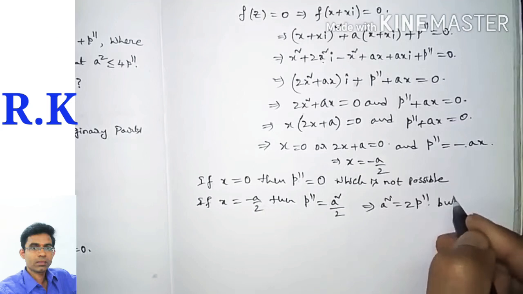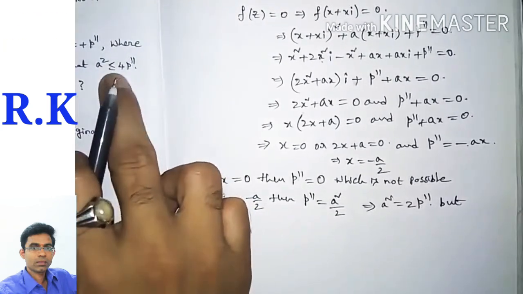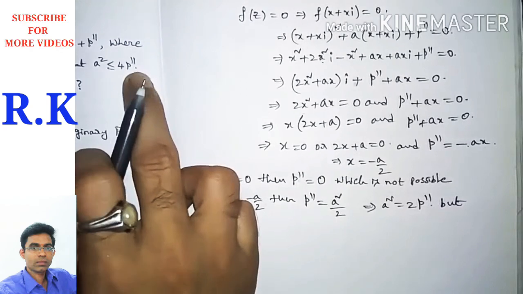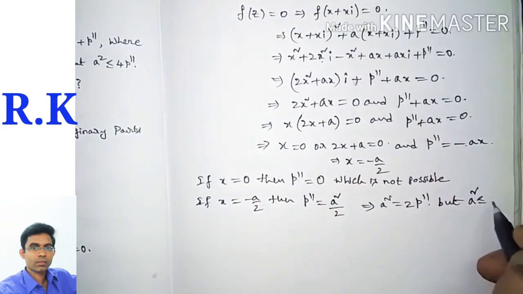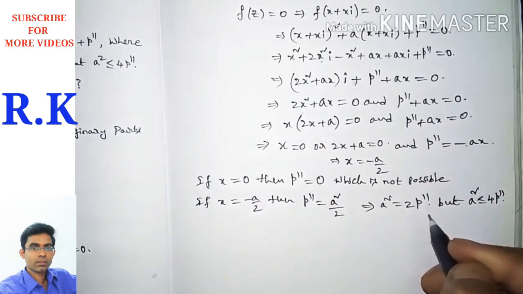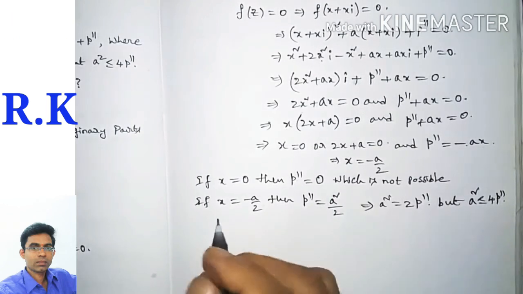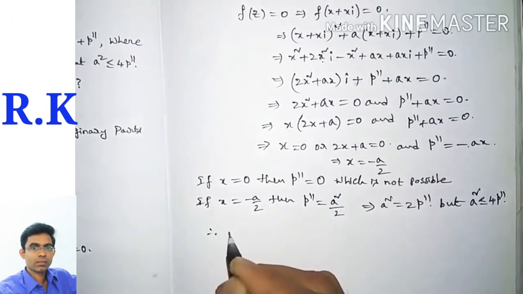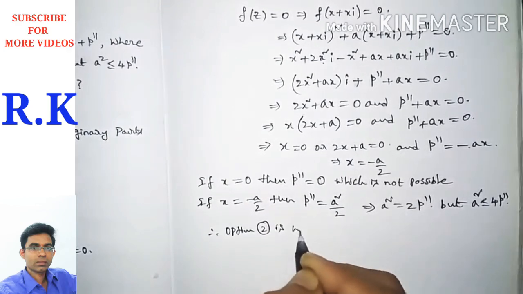But given that a² is less than or equal to 4 into p^11, so this is also not possible. So therefore option number 2 is wrong.